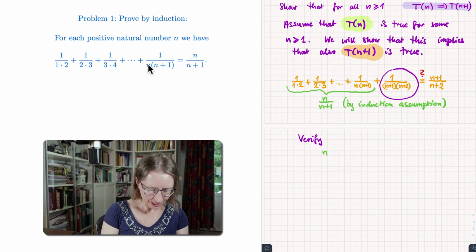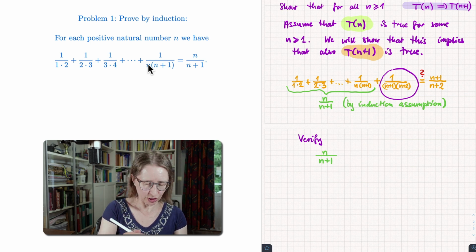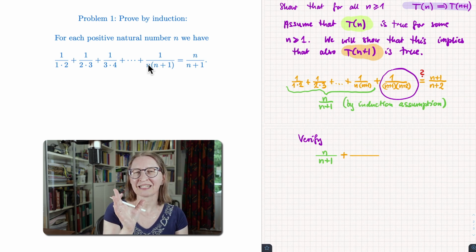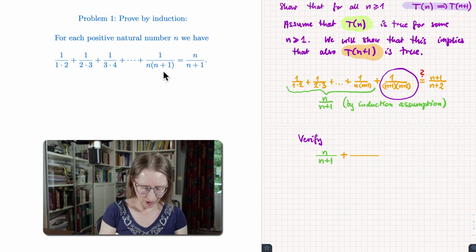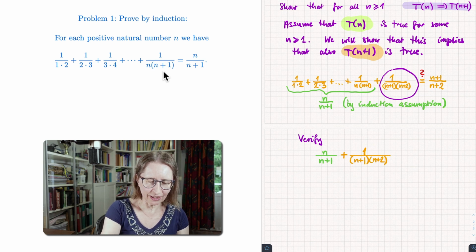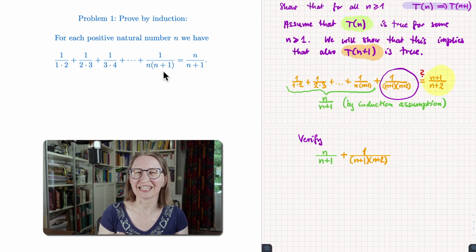So this green part, n divided by n plus 1, is coming from the thesis for n, which we assume is true. And then I have to add to this part the last term, which is coming from the expression for n plus 1. So it will be 1 divided by n plus 1 times n plus 2. And I have to verify if this is really equal to this expression here.